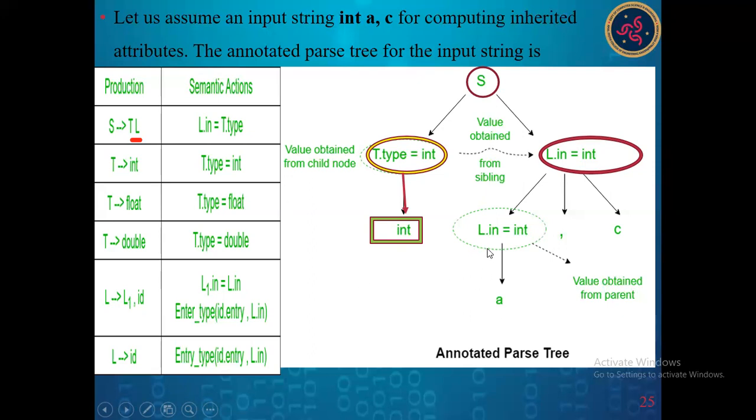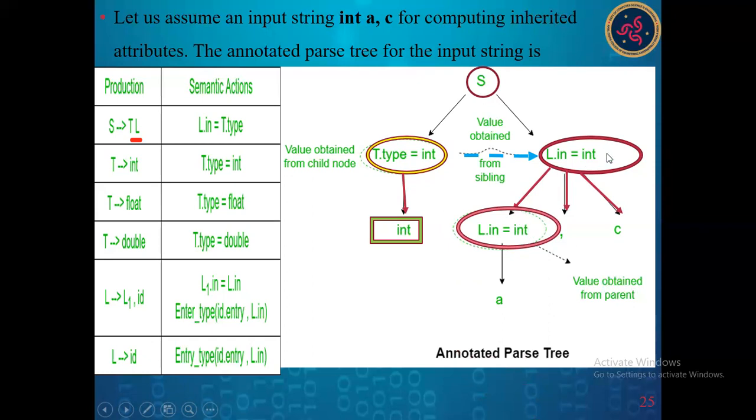Here I am having L.in. L has an inherited attribute. So how can I get the value? L1.in means this is the left-hand side L, right? We can get the value from the parent node. So for this node L.in, I can get the value from the parent node. Here L.in will get the value int from this parent node, so L.in is equal to int.